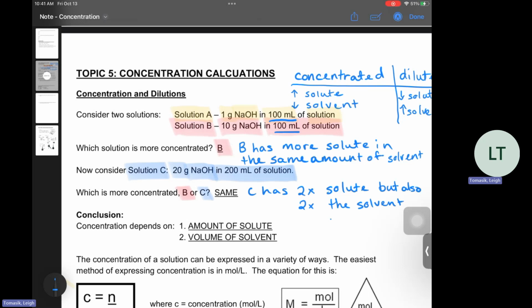So the juice that comes in a can is concentrated, right? And you have to add water to it in order for it to be drinkable, right? Otherwise, if you don't add water, it's too sweet and the flavor is too strong.